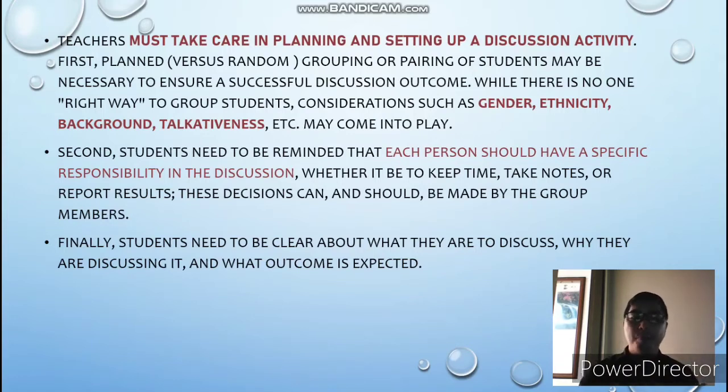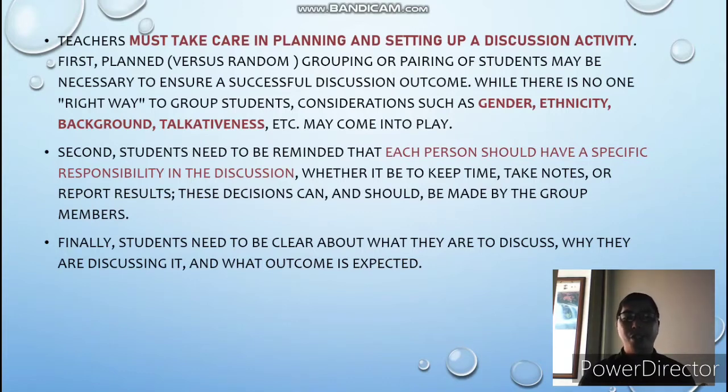The second thing that we should remember as teachers is that students need to be reminded that each person should have a specific responsibility in the discussion. One thing that you should remember, provide an activity, a task, a responsibility for every member of the group, whether it be to keep time, take notes, or report results.